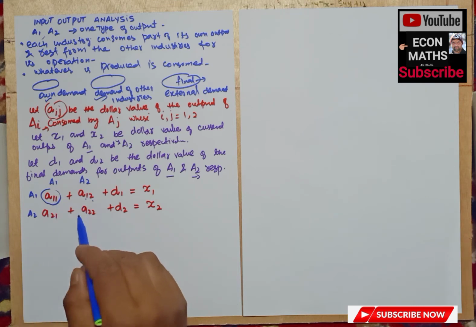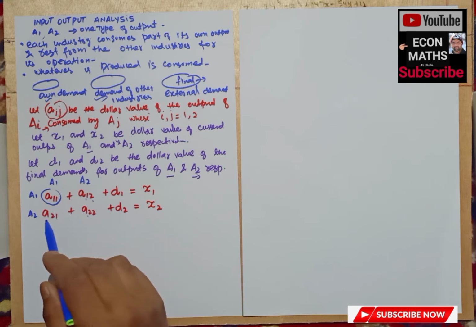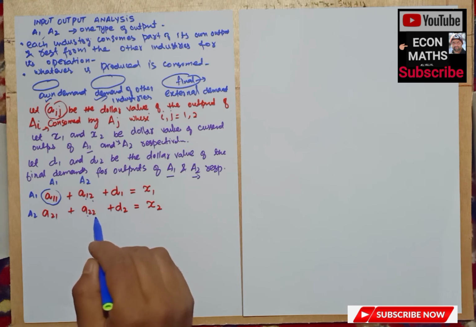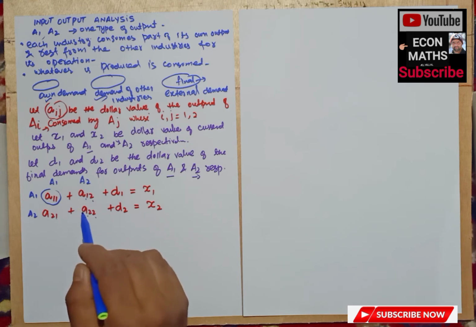Similarly, this A22 tells us the dollar value of the output of industry A2 consumed by industry A2 itself, that is, self consumption.